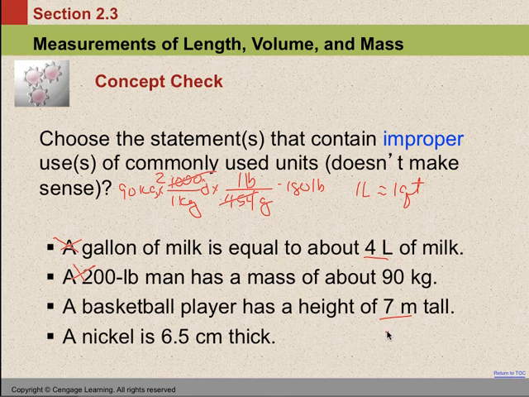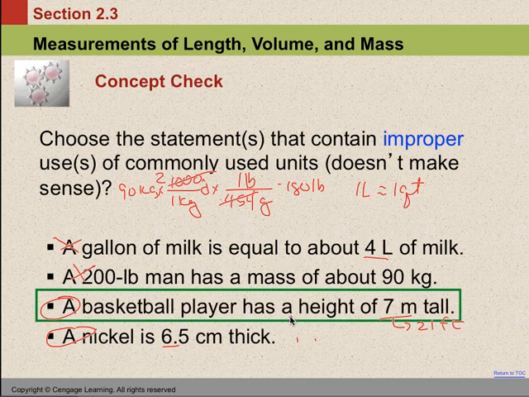Well, if you think about it, a meter stick is roughly equivalent to a yardstick. A yardstick has 3 feet in it, so this is really saying that it's about 21 feet. That doesn't seem right. 6.5 centimeters, a centimeter is about that. A nickel is, no, that's just silly. All right, let's see if you're right. That's good. Very good.